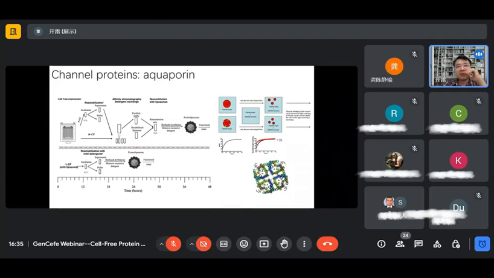And over the years we continuously optimized our processes so that up to now, we can directly express aquaporin or water channel proteins in a cell-free system co-translationally with liposomes. And by two steps of treatment, we can achieve homogeneous, successfully reconstituted proteoliposomes for the functional assay in around 24 hours.